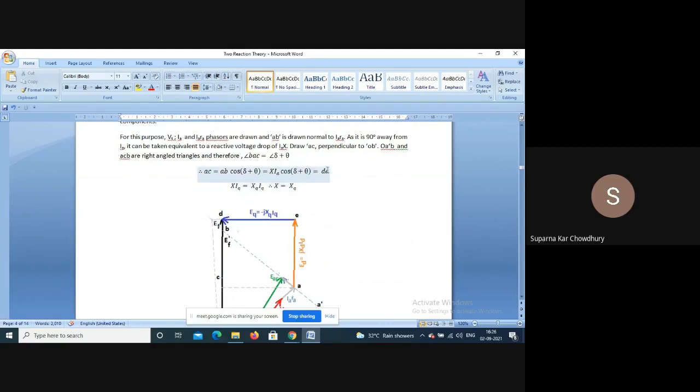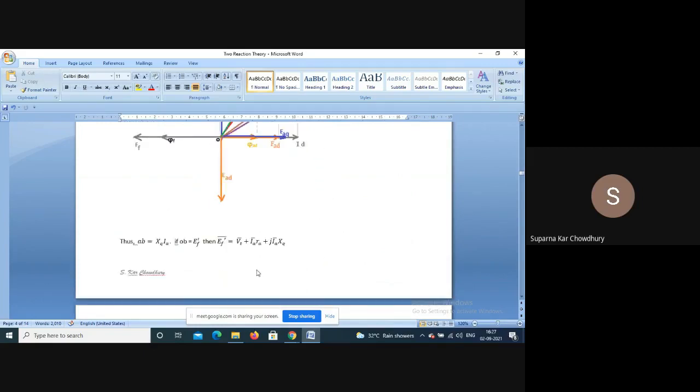And this is equal to DE, which is equal to Xq into Iq. So we get X is equal to Xq. So the reactance X, what we assumed unknown, is the quadrature axis reactance Xq. So we have the equation Ef dashed is equal to Vt plus IaRa plus jIaXq.